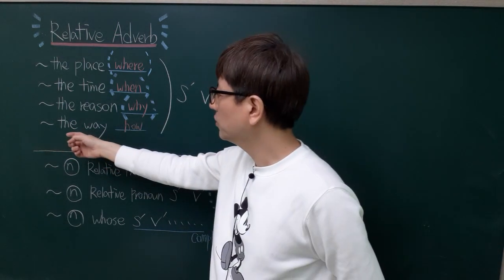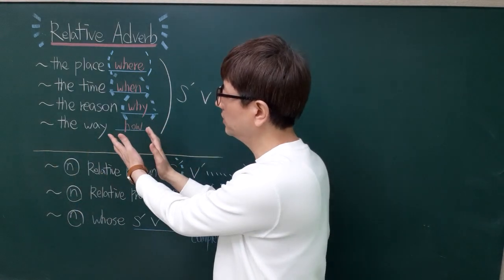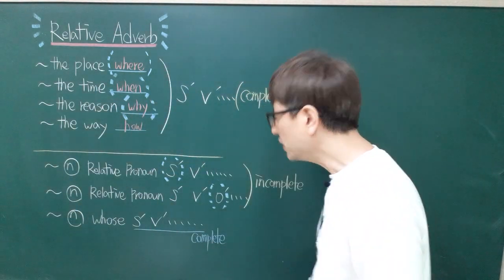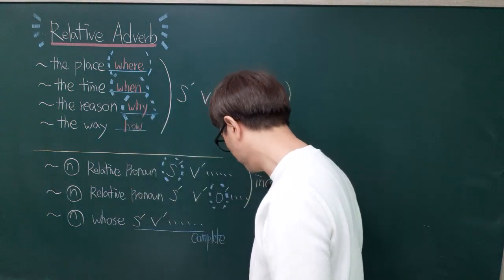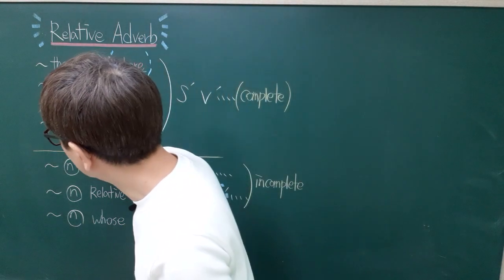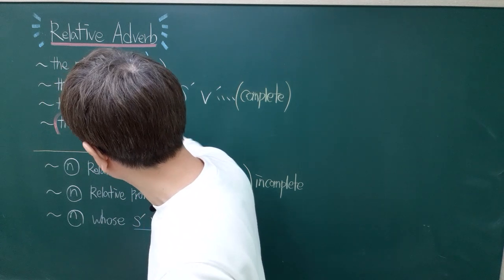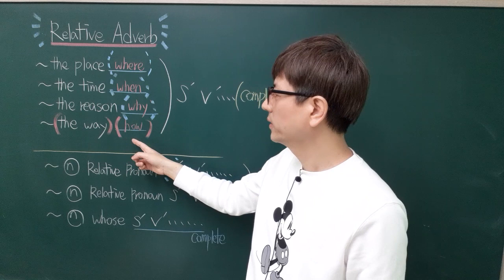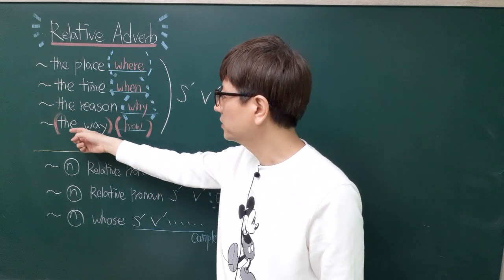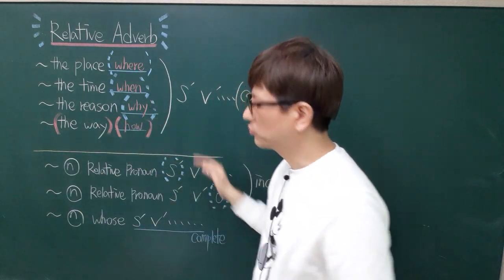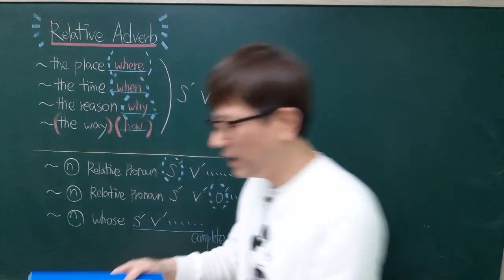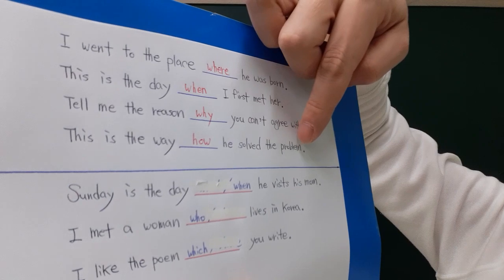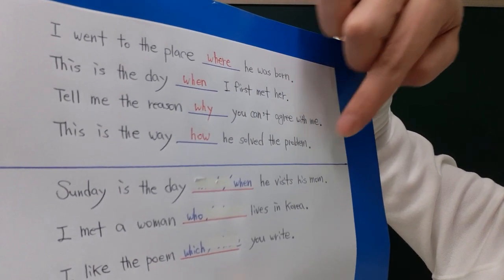When you see the words the way how together, then this is an incorrect sentence. This is wrong. You have to get rid of one of them. So that is why I said "this is the way how he solved the problem" is wrong.